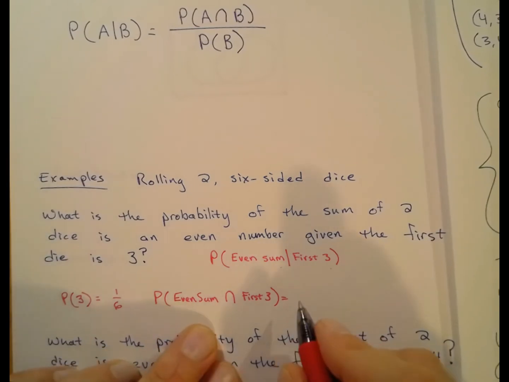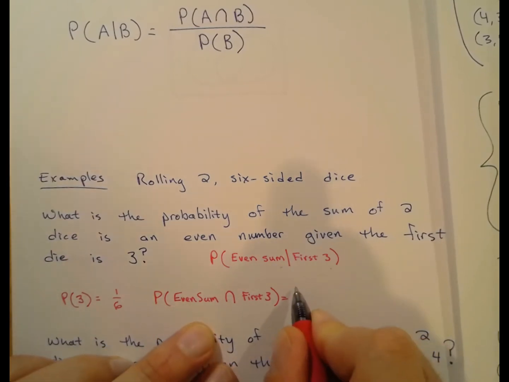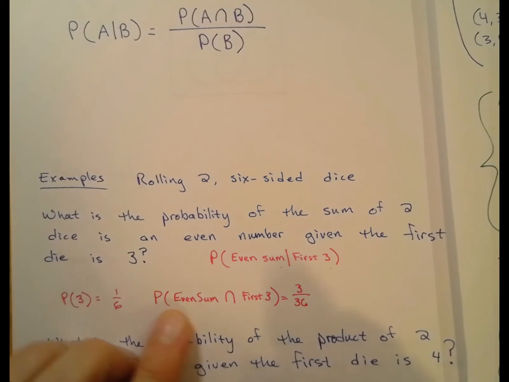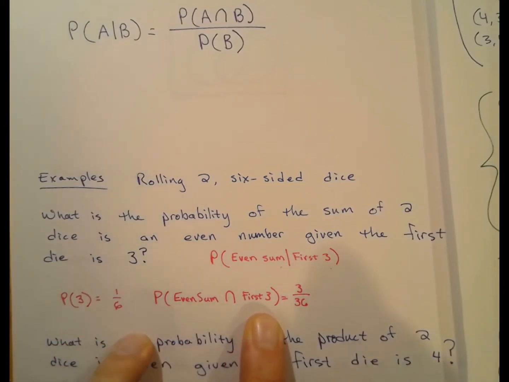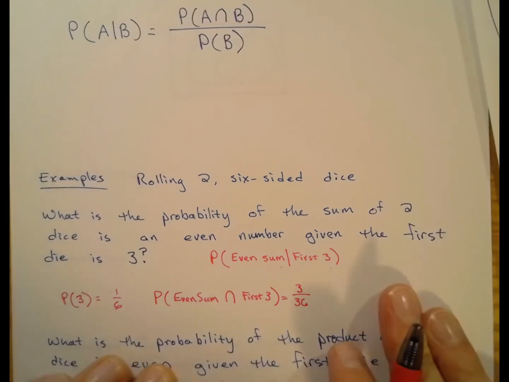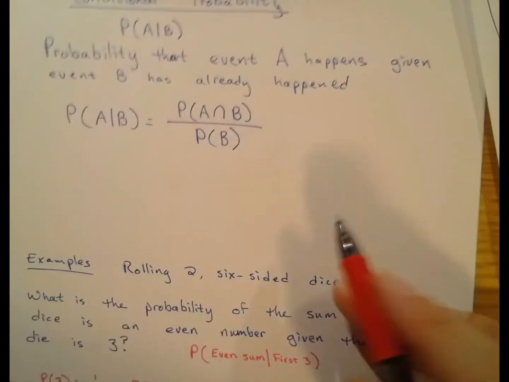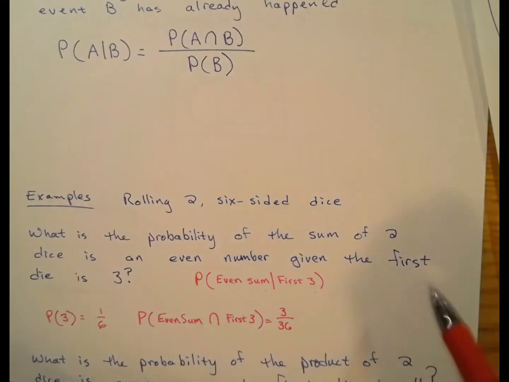So there were 3 out of all 36. That's the probability that the sum is even and the first die is 3. Now we use this formula and substitute these two numbers in.